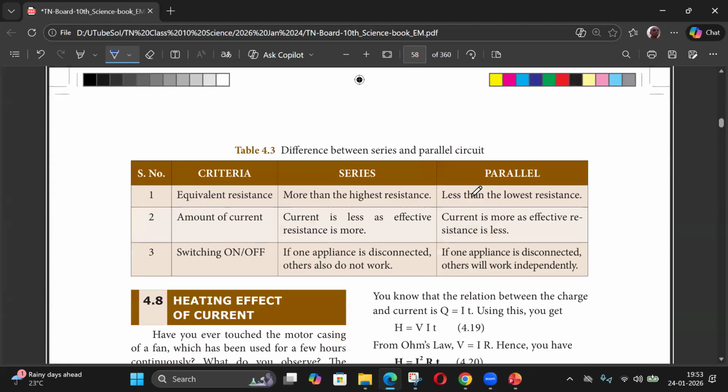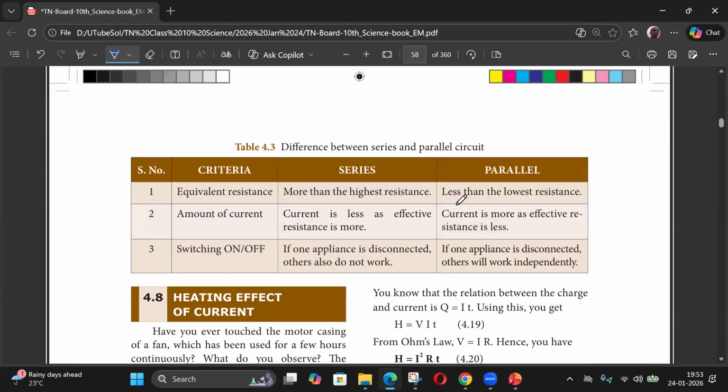In parallel, the resistance is less than the lowest resistance. Say R1 is 1 ohm, the second one is 0.1 ohm, and the third one is 5 ohms. So the combination RP will be less than Ri for all i.